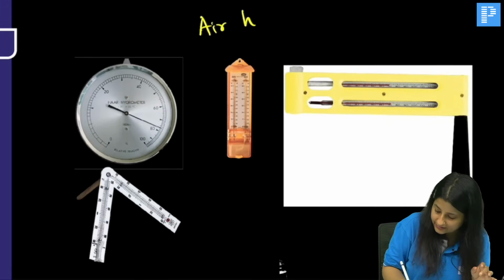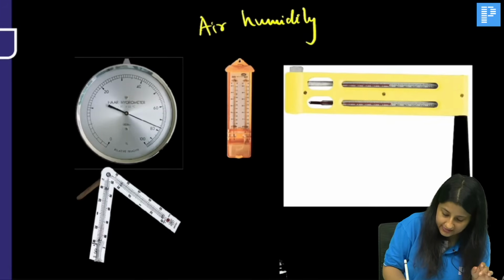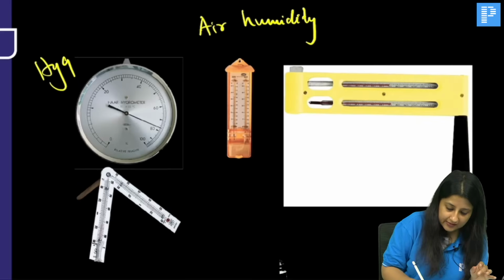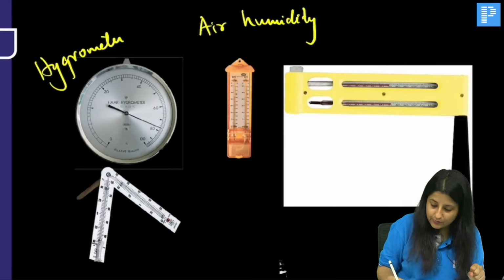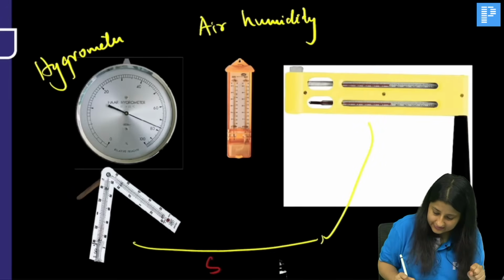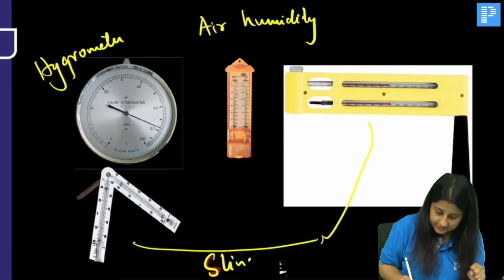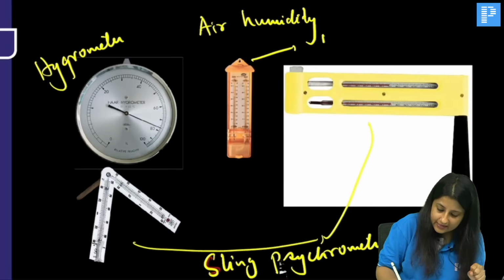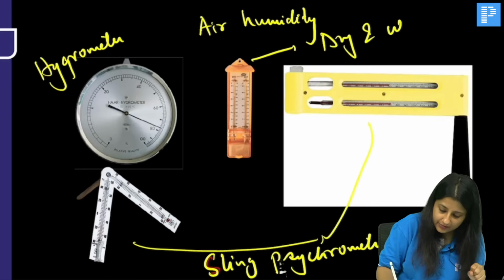All these equipments measure your air humidity. This one, don't get confused with dial thermometer, this is a hygrometer. This one over here, this one and this one, both could come. These are sling psychrometers. This one is dry and wet bulb hygrometer.